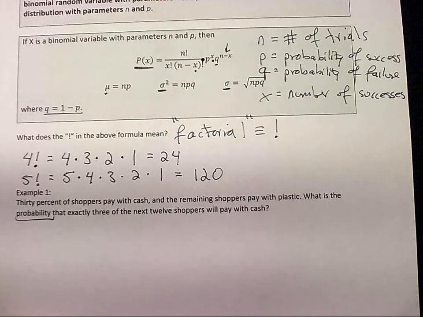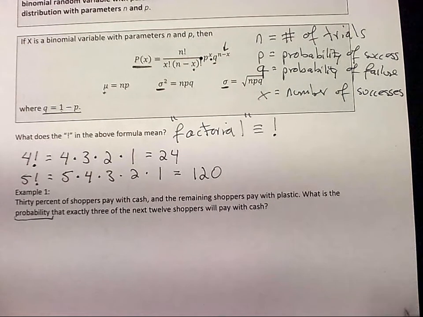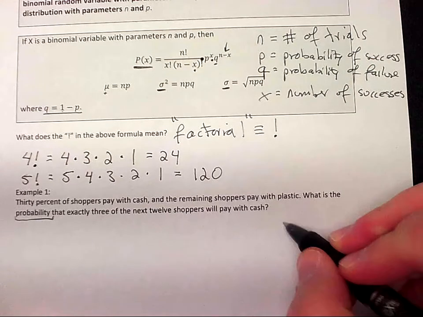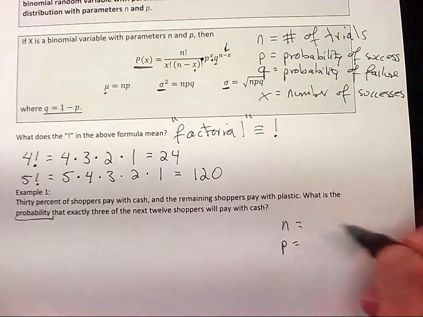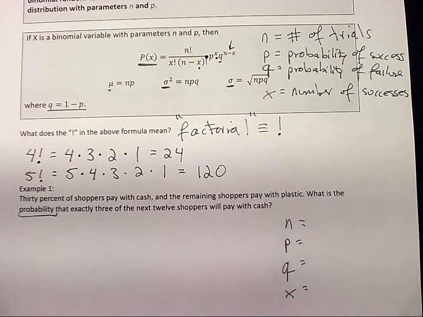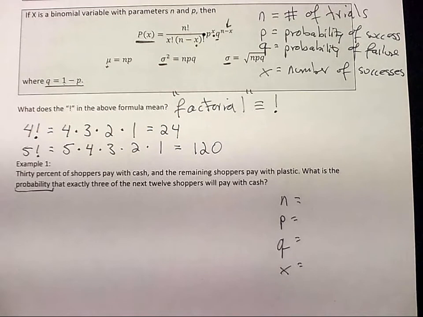All right. Well, whenever we're trying to apply this ugly formula right here, we need to know what these 4 things are right here. N, P, Q, and X. So let's first try to identify those 4 things, and then we'll plug them into our formula and do the arithmetic.